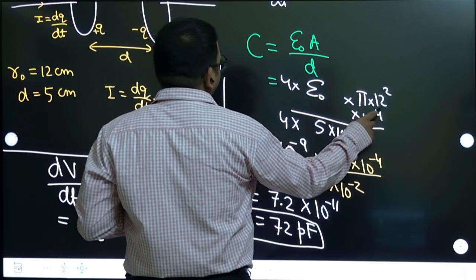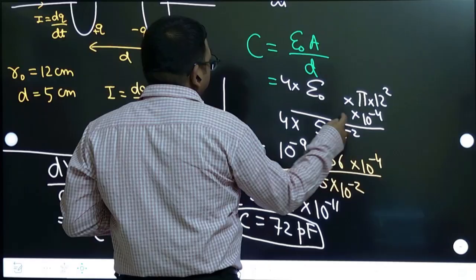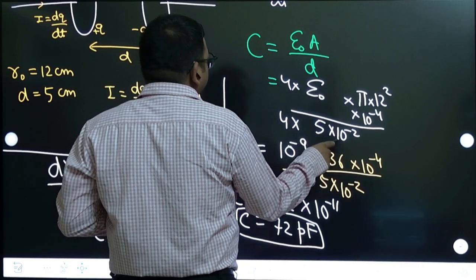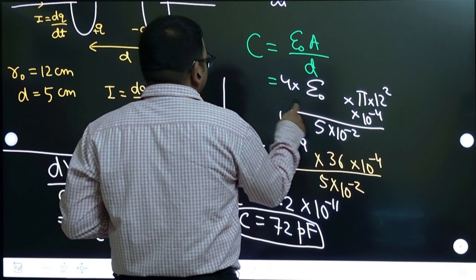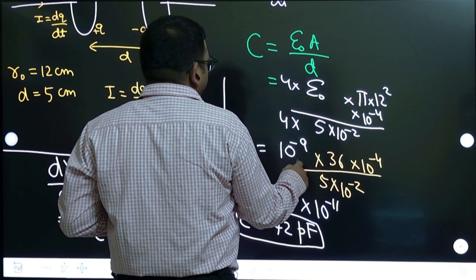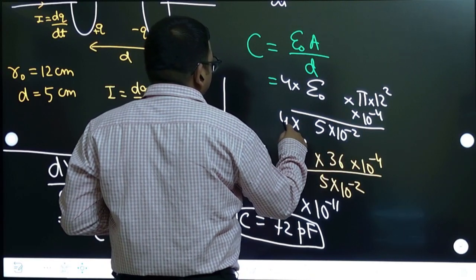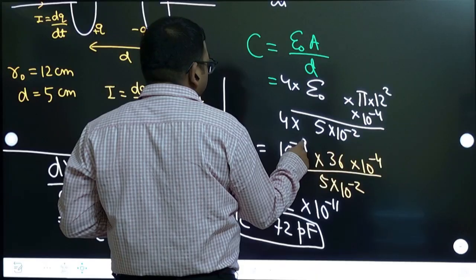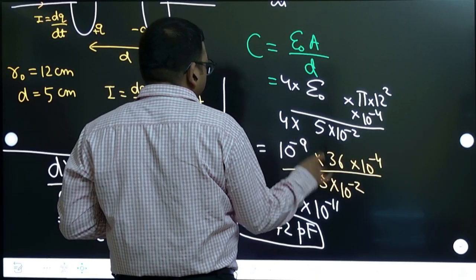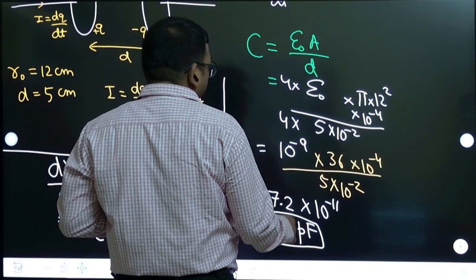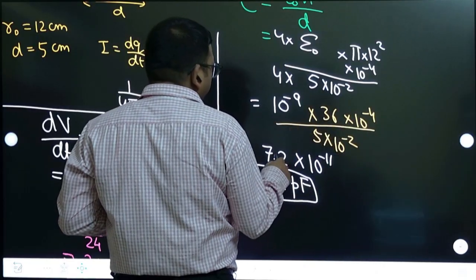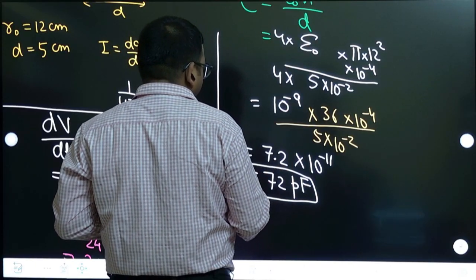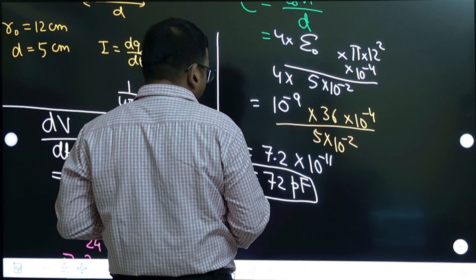Epsilon naught area is pi r square, 12 square, but centimeter square is 10 power minus 2 square, 10 power minus 4 will come. 5 centimeter, 5 into 10 power minus 2. 4 I have multiplied to get this 4 pi epsilon naught as 10 power minus 9, and 12 square by 4, that is 2 square, so that becomes 12 by 2 is 6 square, 36. That is not a problem. 10 power minus 4, 5 into 10 power minus 2. Then 10 power minus 2 comes, 9, 10, 11 factor comes. 36 by 5 is 7.2.